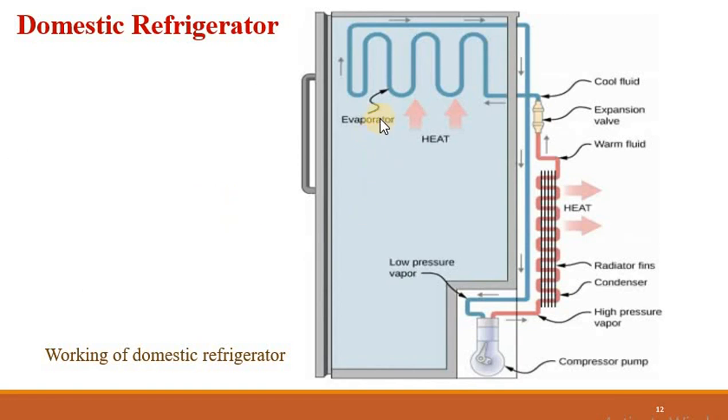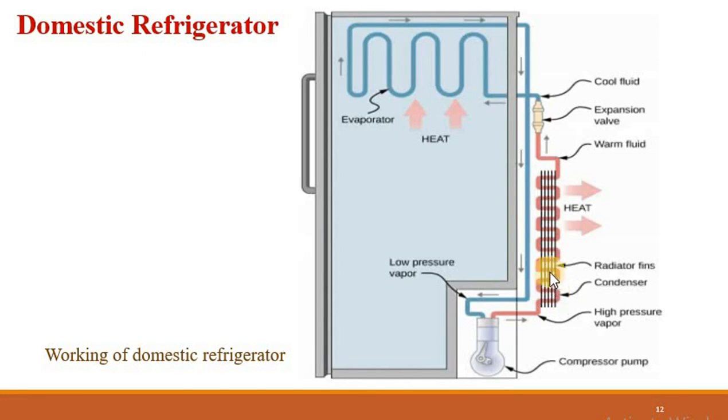How does it work? This is the domestic refrigerator. The upper part normally is for the refrigerating box, where all the heat is absorbed and the refrigerant inside the refrigerator tubes is evaporated. This evaporated refrigerant moves to the compressor and converts to high pressure and high temperature refrigerant vapors.